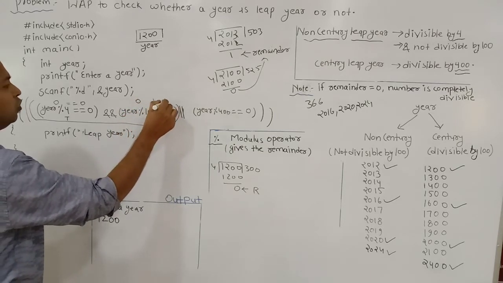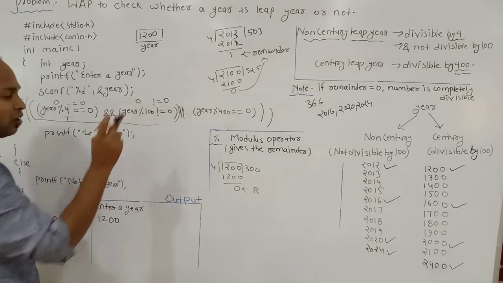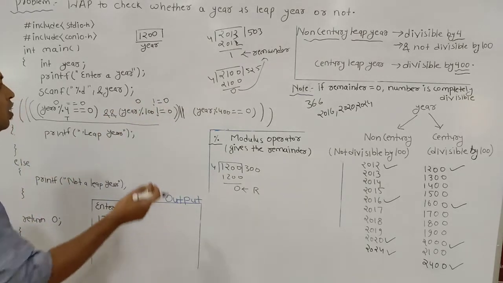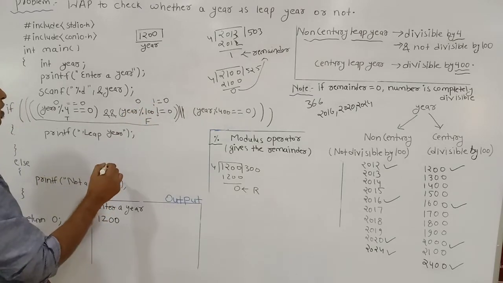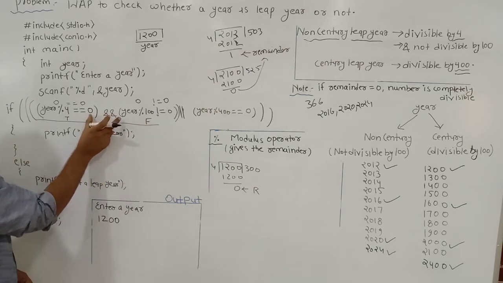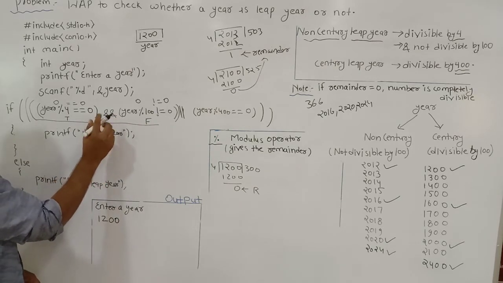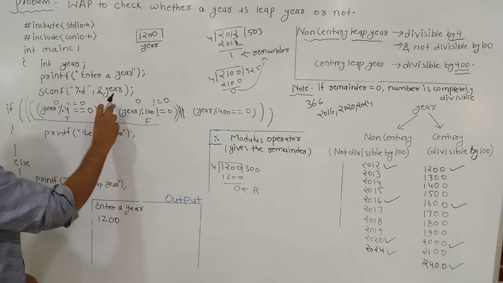Here we have written 0 not equal to 0, which means this condition is false. Here one condition is true and this condition is false, and between both conditions we have placed the AND operator. So this will return false.